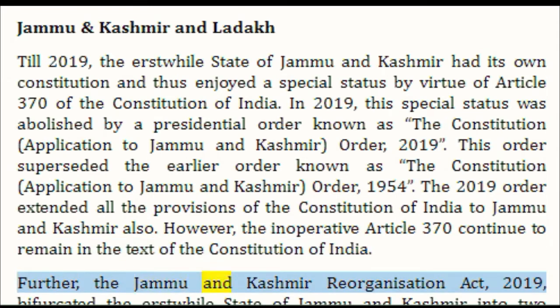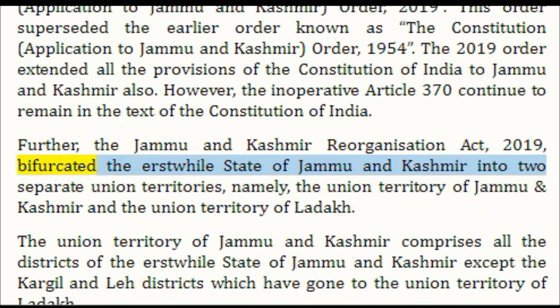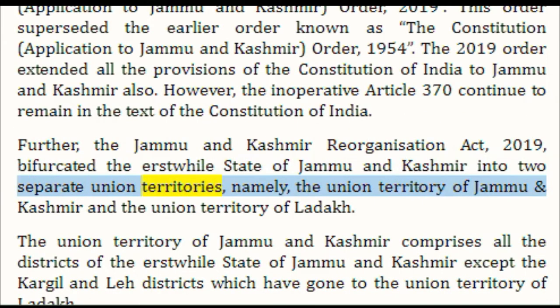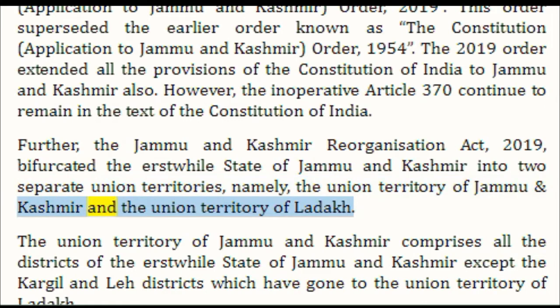Further, the Jammu and Kashmir Reorganization Act, 2019, bifurcated the erstwhile state of Jammu and Kashmir into 2 separate union territories, namely, the Union Territory of Jammu and Kashmir and the Union Territory of Ladakh.